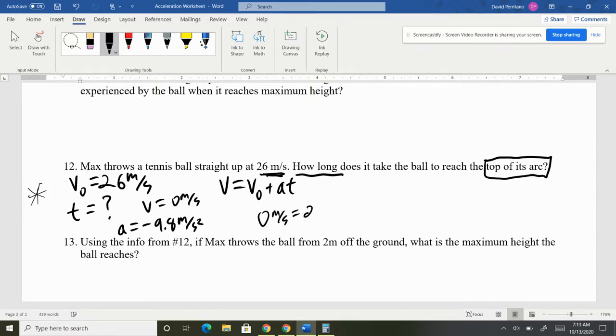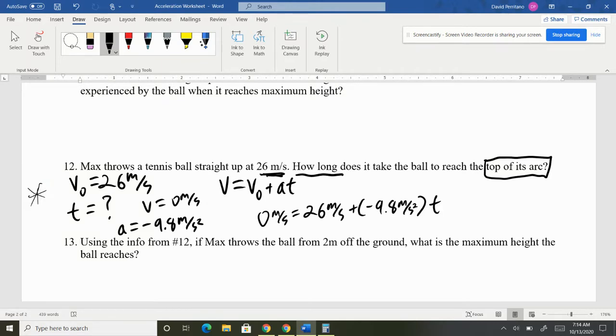our initial velocity is 26 meters per second. Our acceleration is negative 9.8 meters per second squared. And we're looking for time. You got to do a little algebra here because we want to get this time by itself. And the time is attached to the negative 9.8. There's a separate term here, this 26. This 26 is a positive 26, and there's some addition going on.